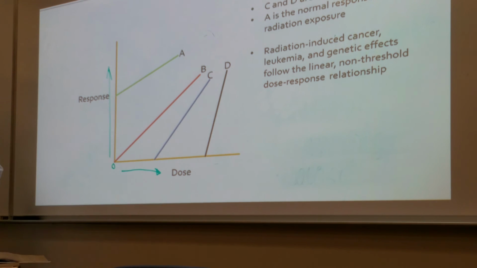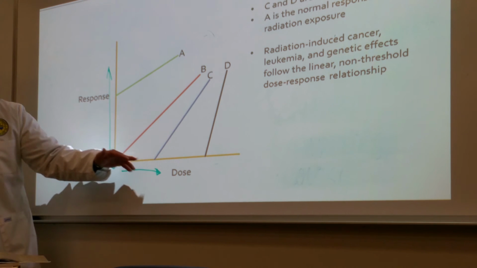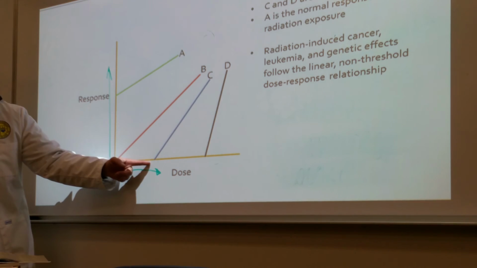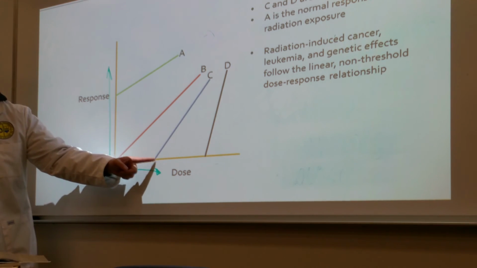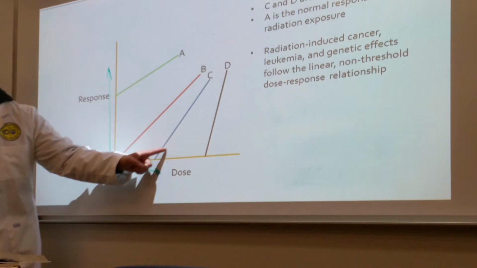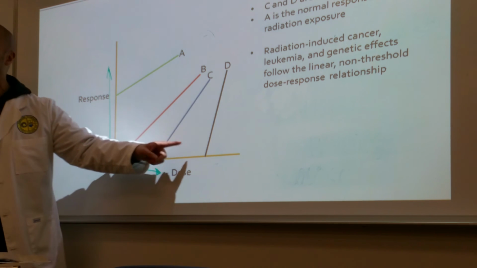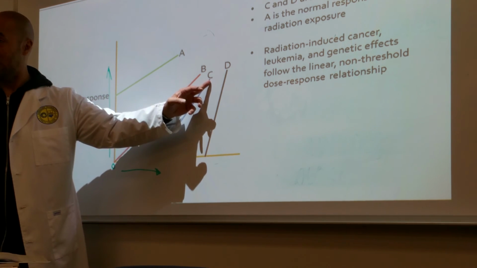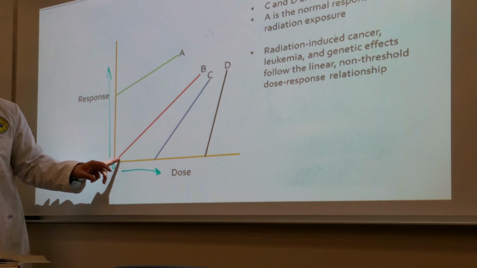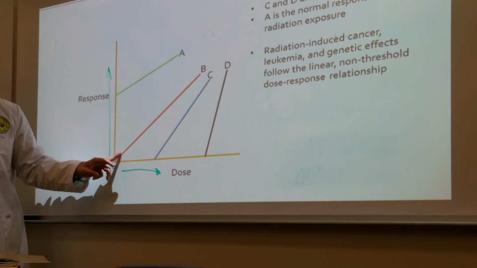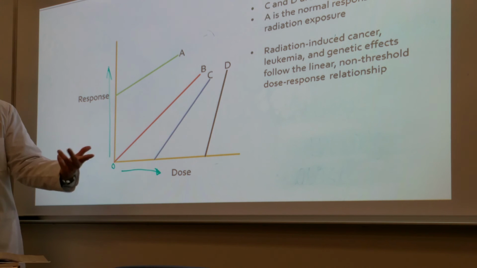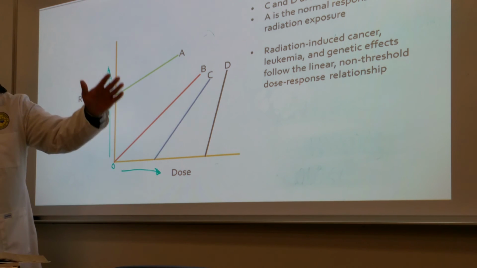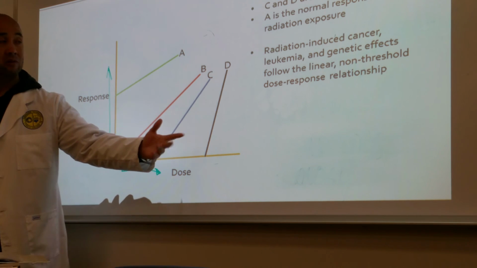Linear threshold says, as long as I'm within a certain dose, there isn't going to be any damage. It's not until I hit that threshold where there will be damage, and as it increases, more damage will occur. This is what we follow, B. But in studies, we do know that there are certain cells that are radiosensitive to a certain point, and once you reach the threshold, then damage occurs.